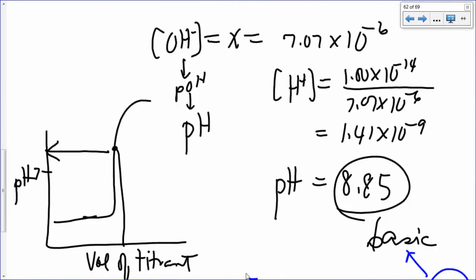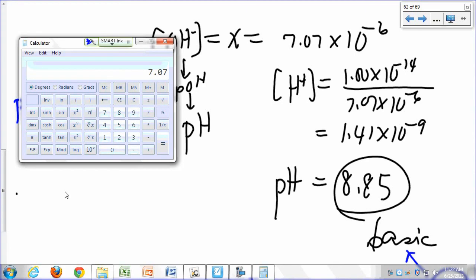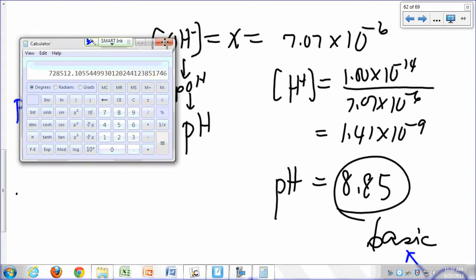Now, is there another way you can solve for the pH? You can go with the pOH. Quick review: how do you get pOH? Minus log of 7.07 times 10 to the negative 6. Take the negative log of that, that's 5.15.